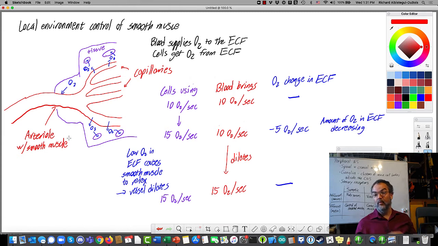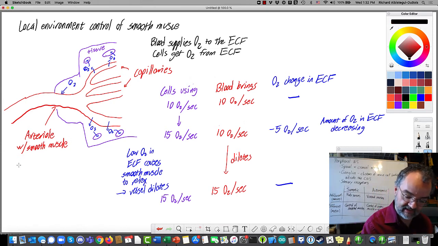They dilate and more blood comes to that area, so it supplies more oxygen. It makes the blood vessel respond to the tissue's need by making it responsive to the local environment. The amount of oxygen there is just something about the local environment that can control the smooth muscle. So to summarize that, low oxygen causes the smooth muscle to relax, which causes the vessel to dilate.